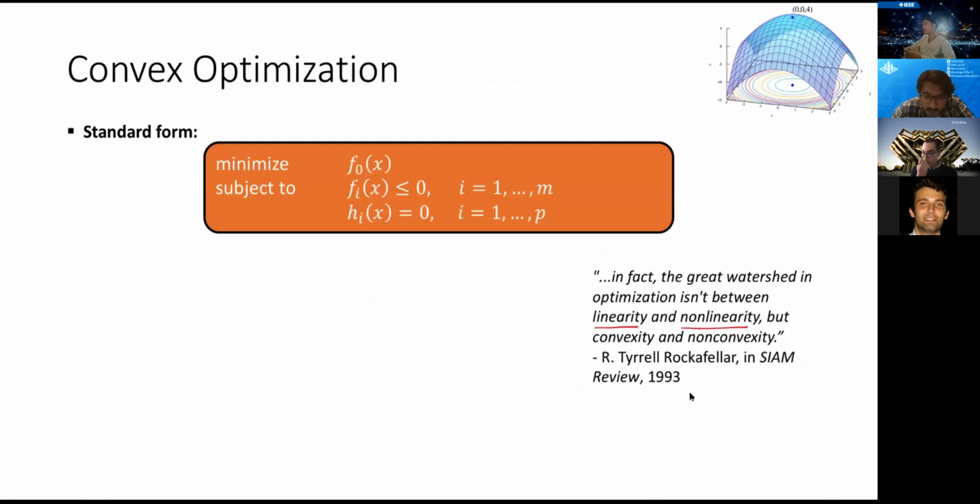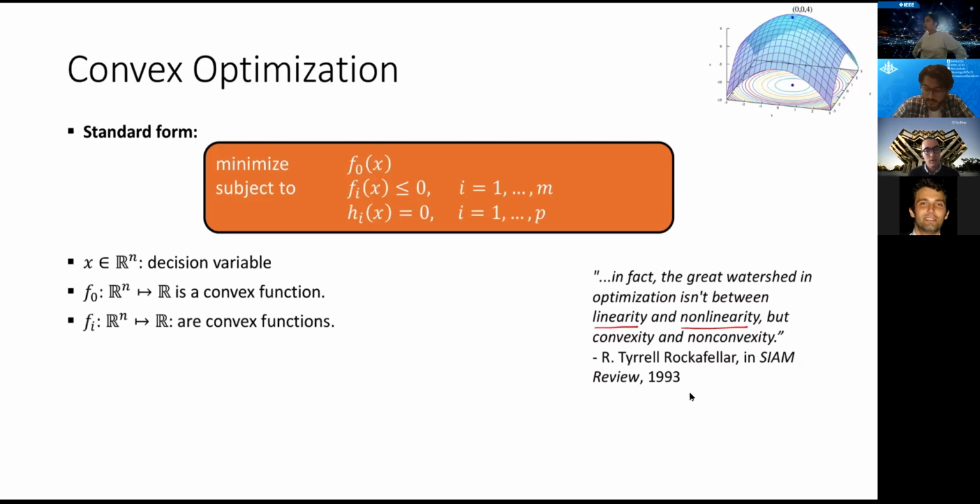So here, in order to have a convex optimization problem, our objective should be a convex function. Okay, this is the first condition. Okay, the f0 should be a convex function. Also, we need our inequality constraint function to be convex and our equality constraint to be affine.